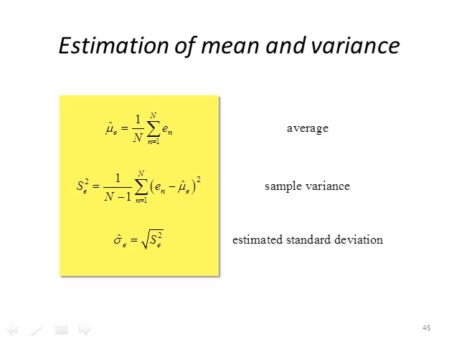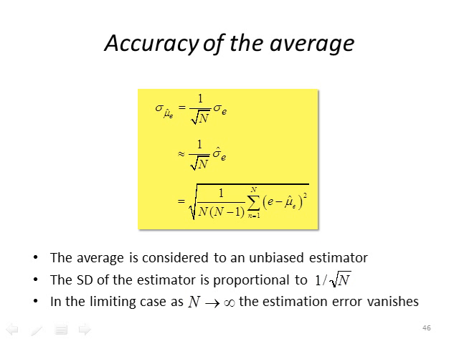This is quite important, because we're estimating the sample variance from a measurement sample group from an original population. So we include this leading term, 1 over n minus 1. The standard deviation then becomes the square root of s squared, the sample variance. Then we can also compute the accuracy of estimating the average, and you can see in these equations with some straightforward algebra.